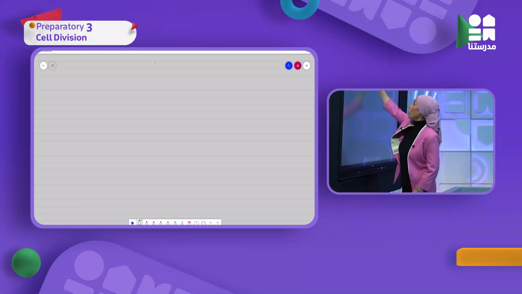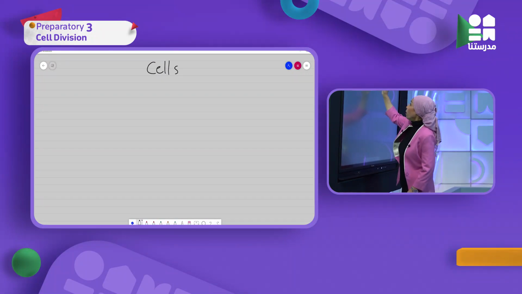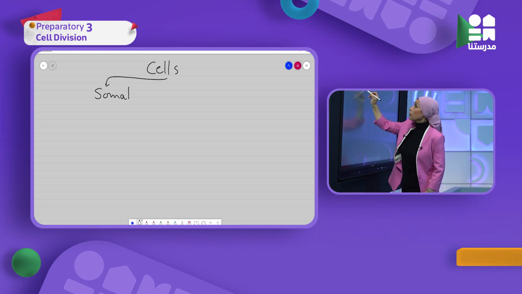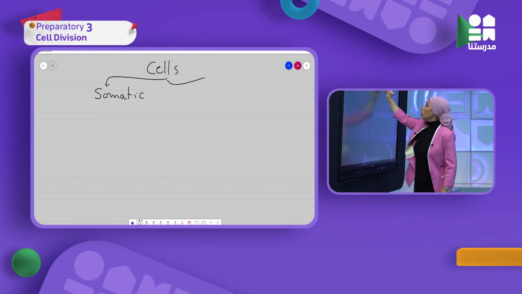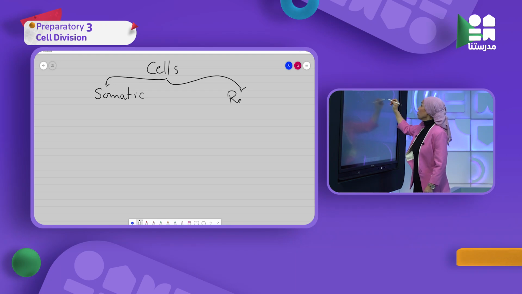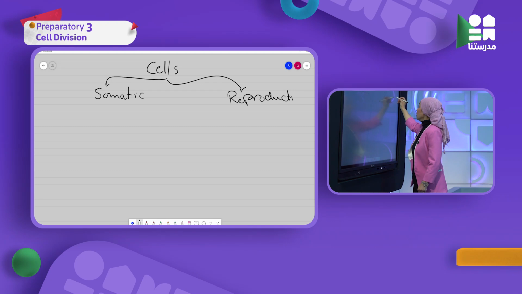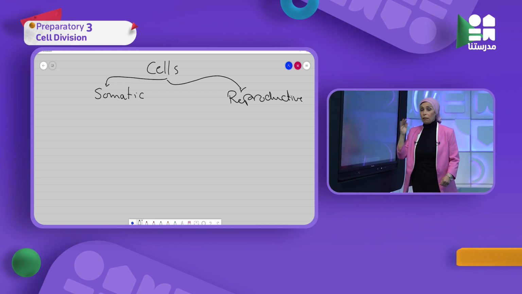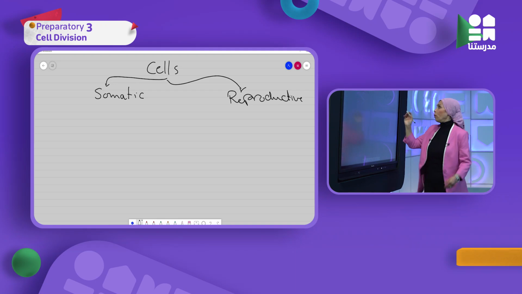Now we are going to make the diagram to know the difference between those types of cell. As I said, the living organism cells are either somatic or reproductive. Okay, and as I said, somatic means all the cells in your body, skin, eyes, kidney, or whatever.